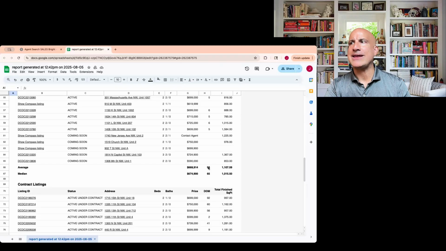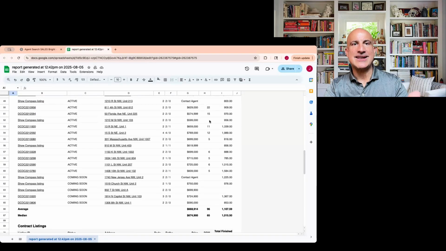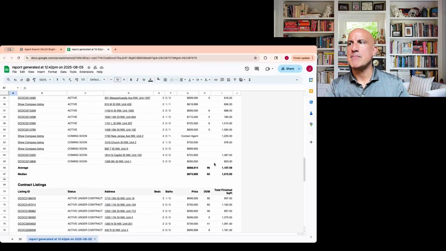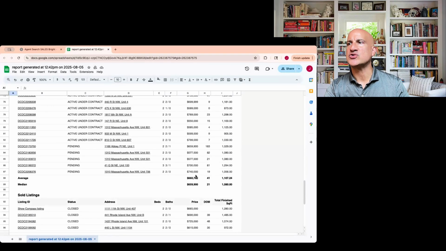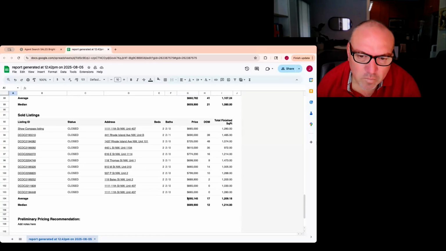When I marry that with the 65 days median days on market, that's telling me it's a seller's market, but a cooler, weak seller's market. And when I look at the data overall, lots of warning signs that people are overpricing based on what is under contract and what is sold.